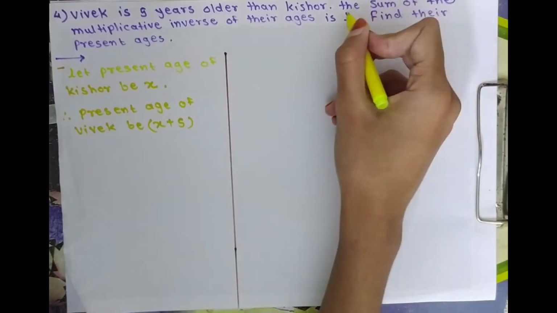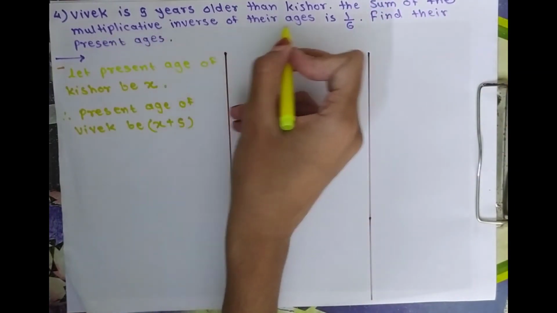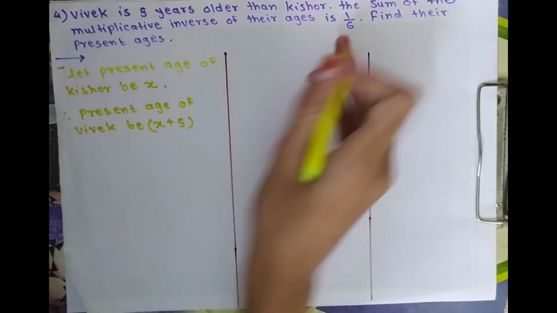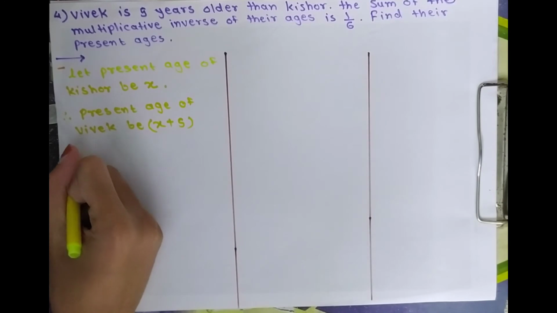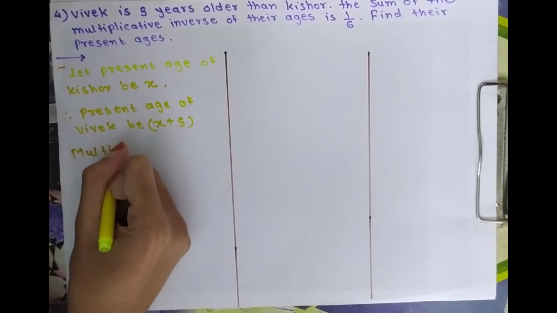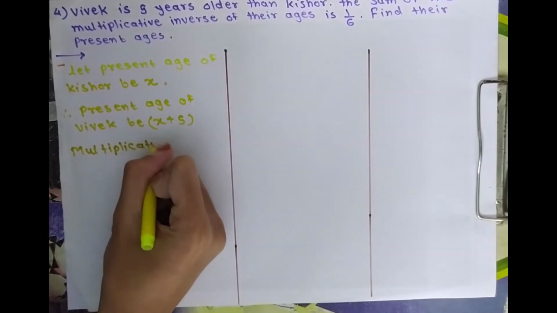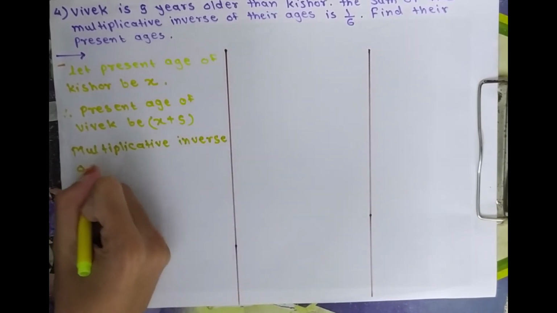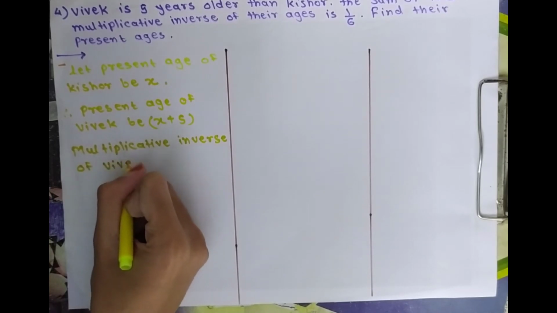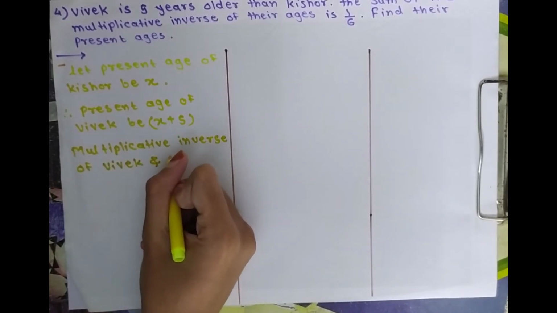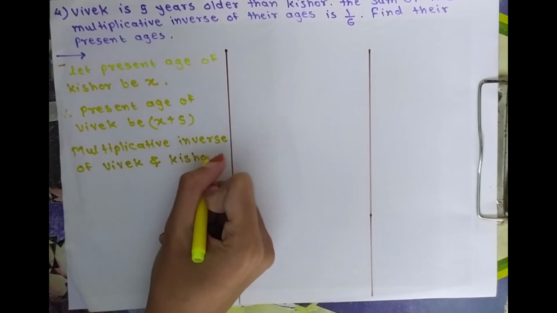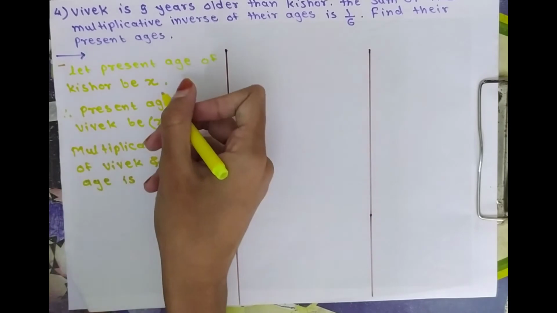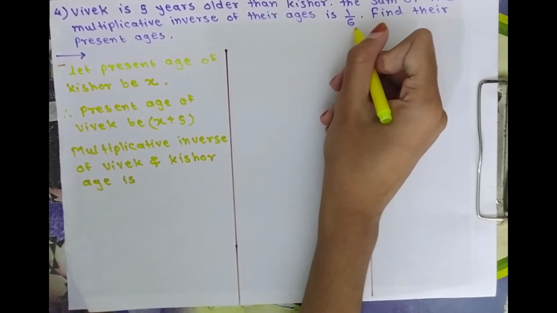Now here, what is given? The sum of the multiplicative inverse of their ages is 1 upon 6. So the multiplicative inverse of Vivek's and Kishore's ages. Multiplicative inverse means what? In the form of 1 upon.